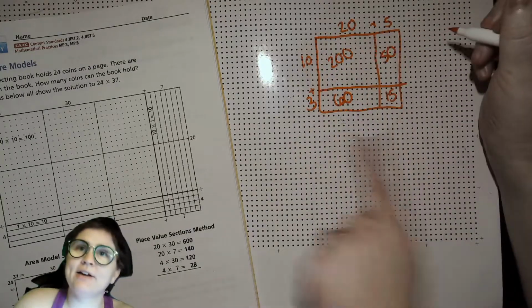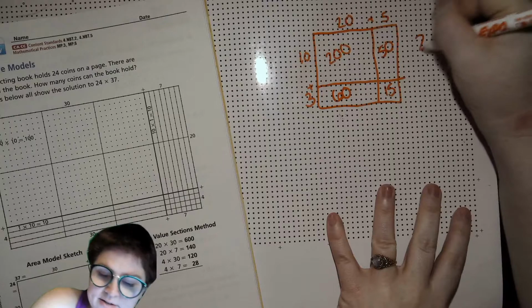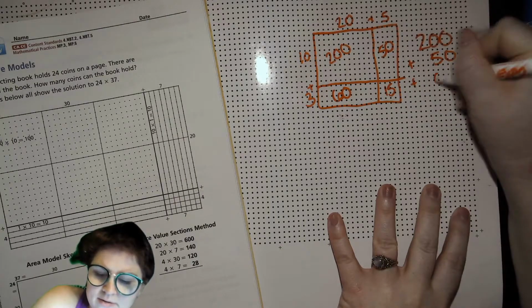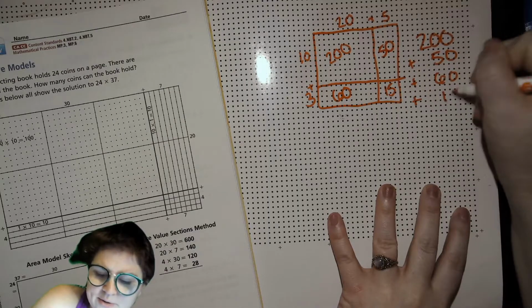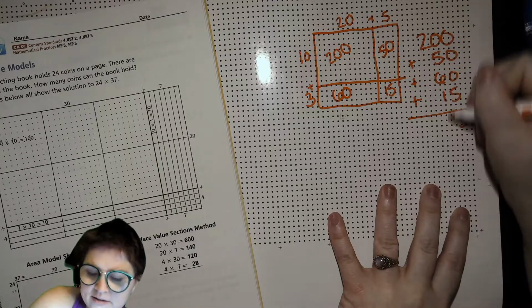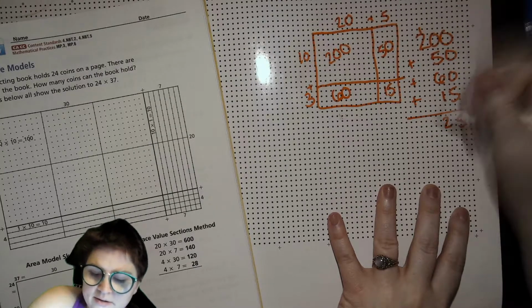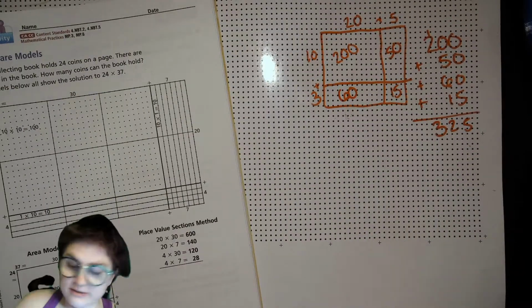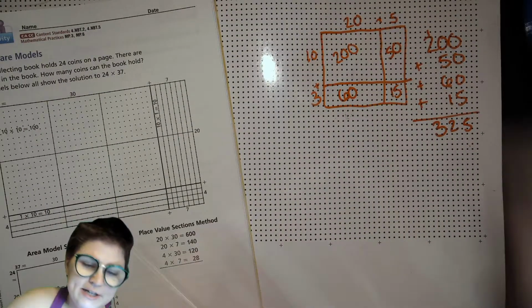And then we would add all the partial products up, making sure we don't skip anything. And then we have our big, gigantic double digit multiplication.